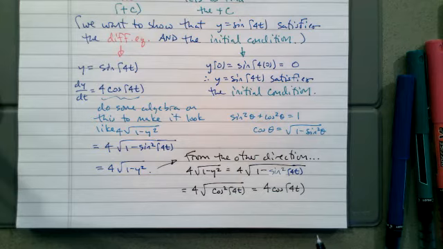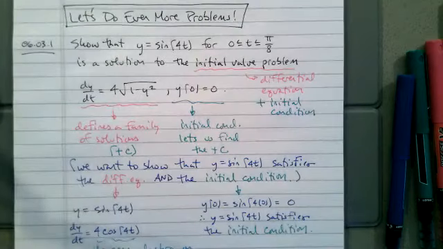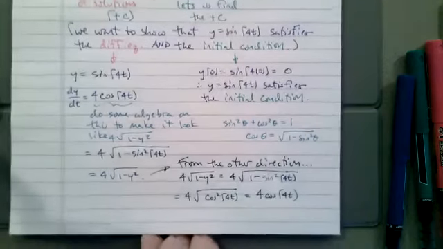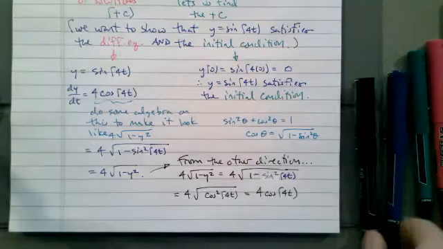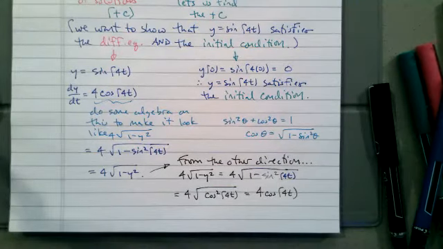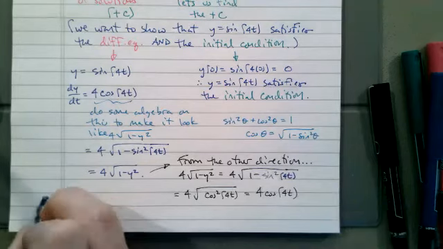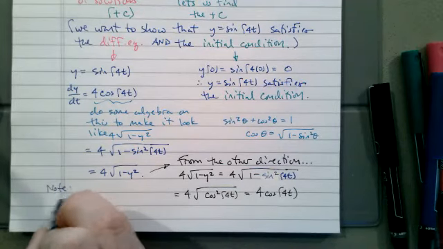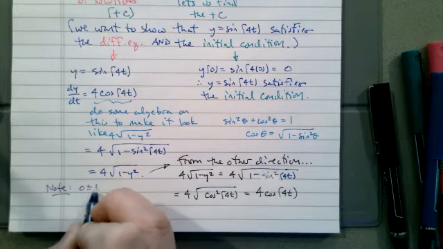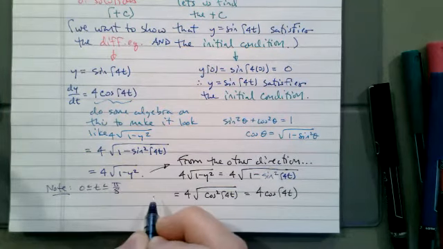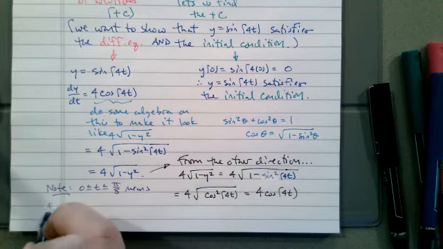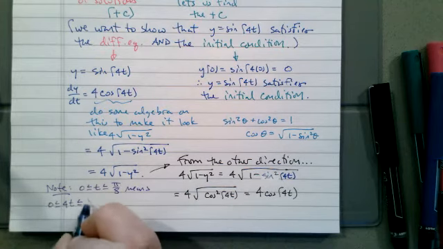There is a small concern here. The square root of something squared is not actually always the thing, because cosine is sometimes negative. But for t between 0 and pi over 8, that means 4t goes between 0 and pi over 2, and sine and cosine are both positive in the first quadrant. So we're okay. So 0 less than or equal to t less than or equal to pi over 8 means 0 is less than or equal to 4t, which is less than or equal to pi over 2.